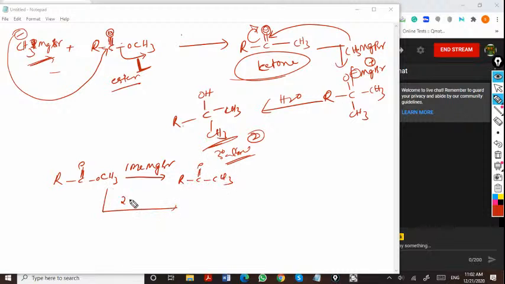With 2 moles of methyl magnesium bromide, you need to give the alcohol. So this is the product formation in different stages.